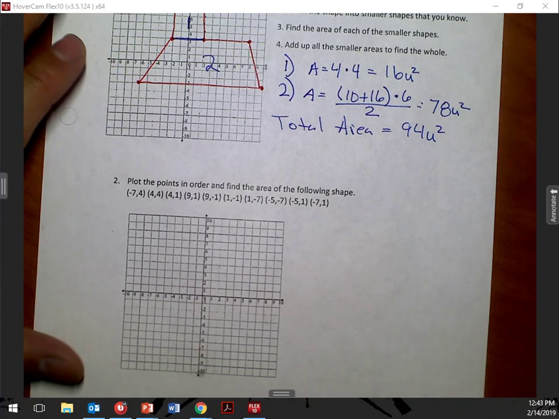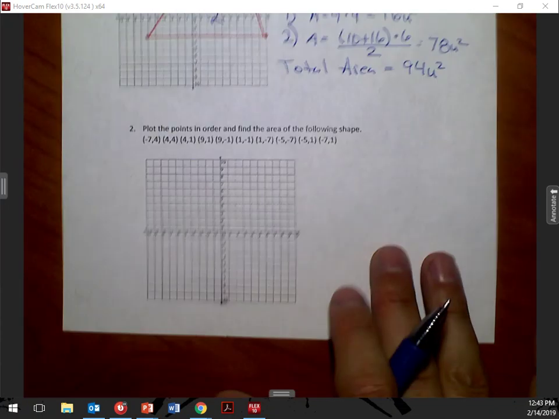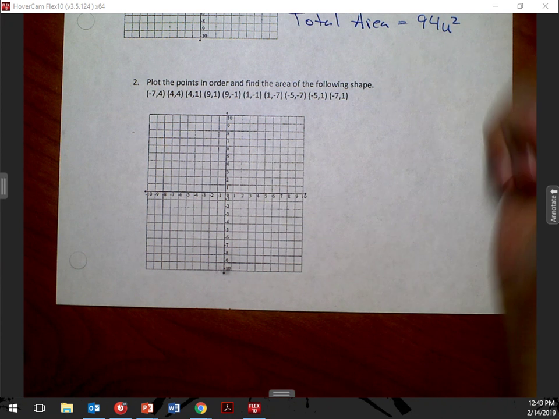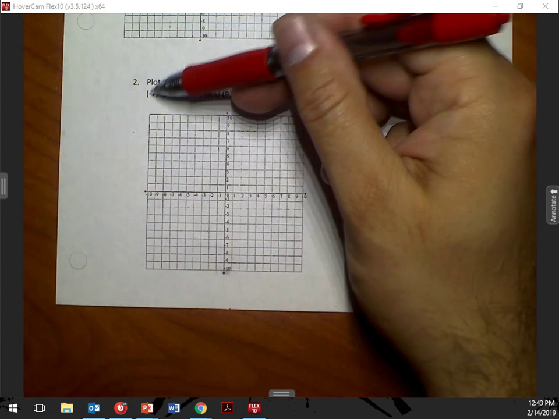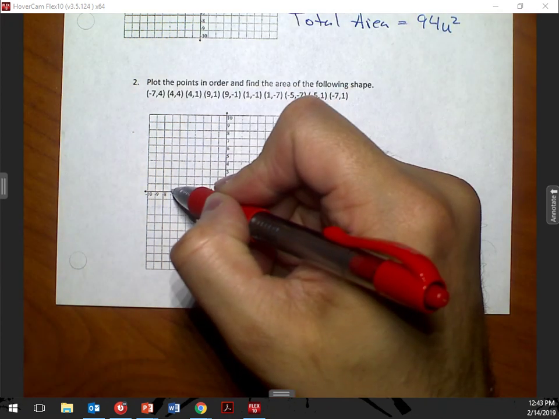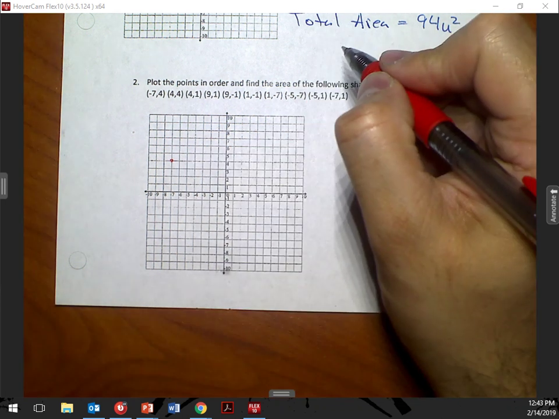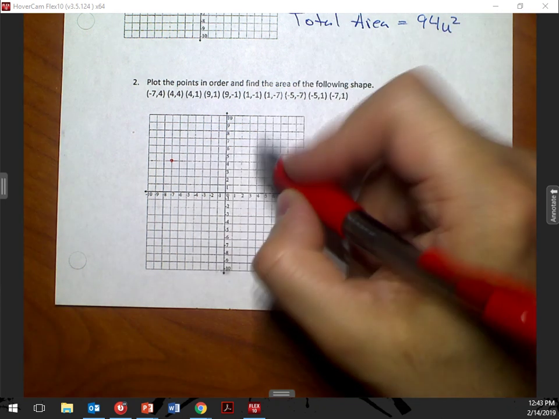Alright, let's take a look at number 2 now. So, let's go through and plot our points. We have -7, 4. We have 4, 4.